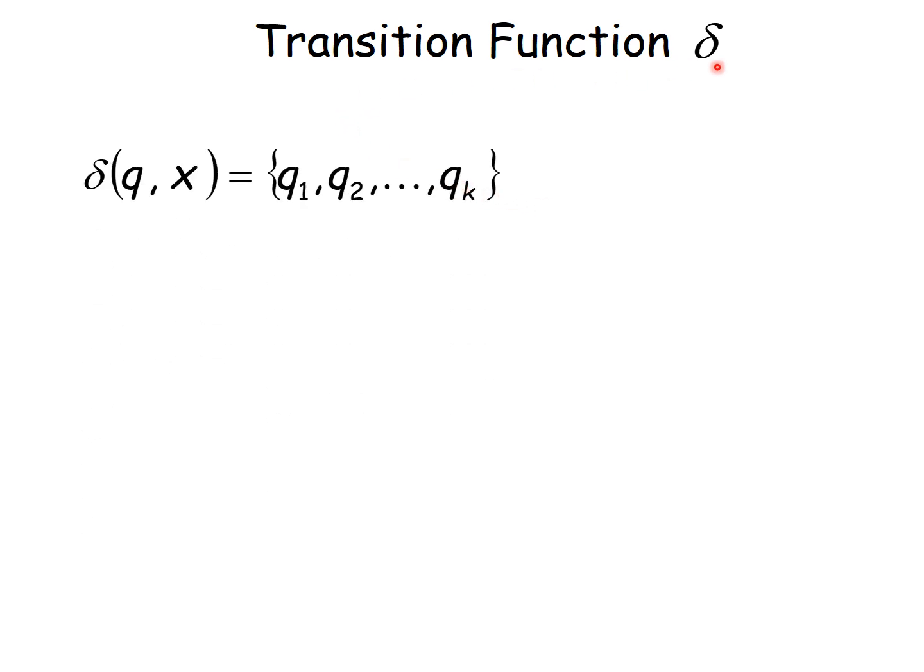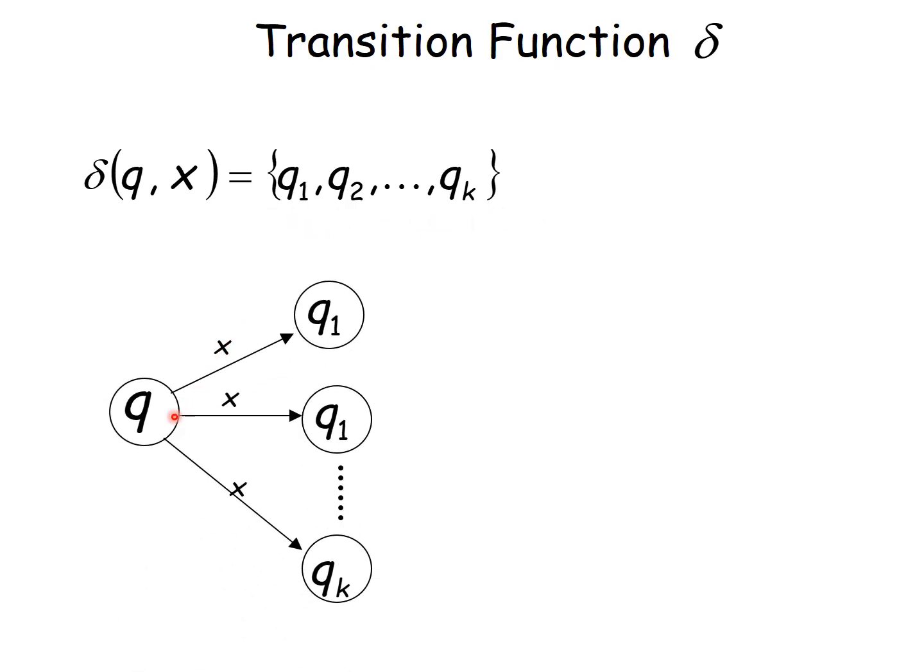The transition function delta of q comma x leads to obtaining q1, q2, and so on up to qk. That means on the same input, it may go to different states: q1, q2, q3, and so on qk. This kind of transition is not possible in DFA.